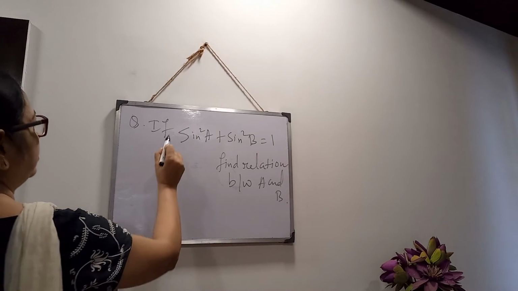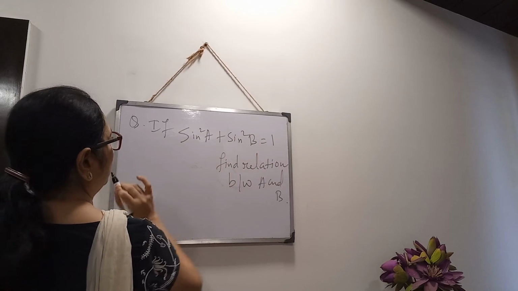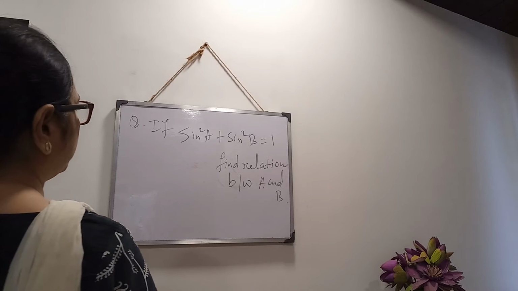Here it is given this plus this equals 1. But this is not any formula. Sin square A plus sin square B equals 1 is given.